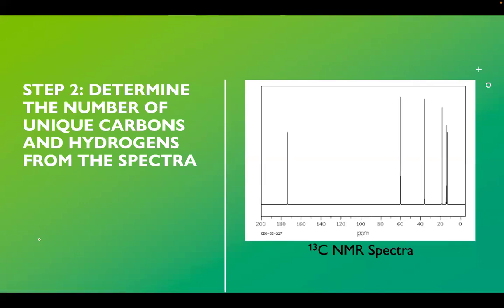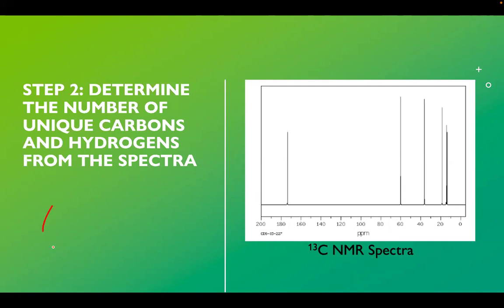Okay, so next we are going to determine the number of unique carbons and hydrogens from the spectra that's given. So we'll start here with our carbons. We are just going to count the number of chemical shifts, and that will tell us how many unique carbons. So we have 1, 2, 3, 4, and then there's 2 kind of here together. You can see they end at different spots. So 5, 6.